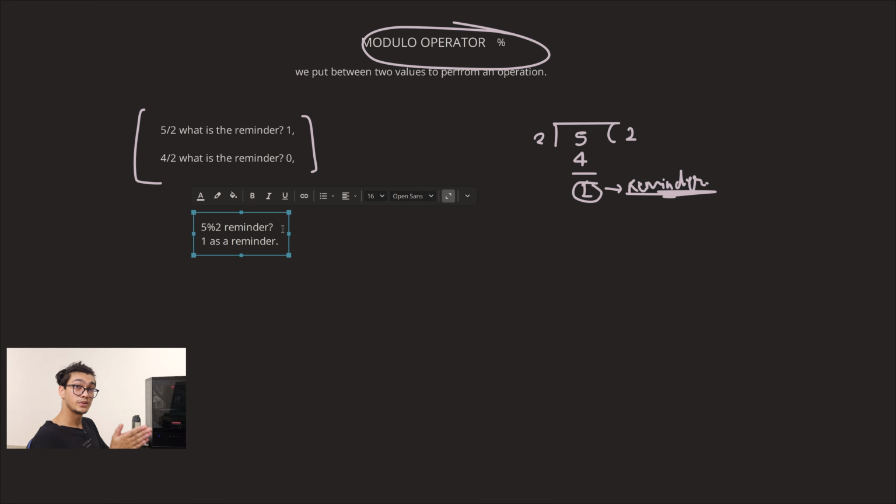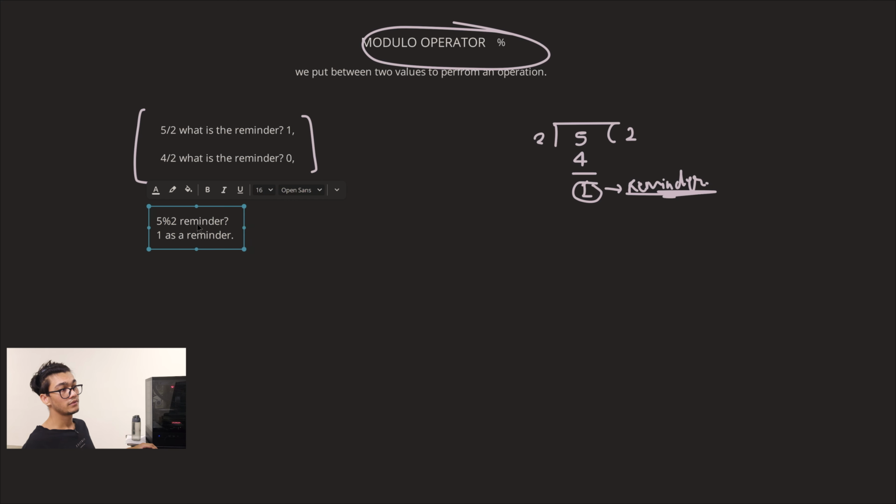So if the number is not fully divisible by the number that we are dividing by, and we are getting any remaining value, then that's the remainder of that division. So if I'm saying 5 modulo 2, what is the remainder? 1 as a remainder. So this modulo operator will give you the value which is a remainder.